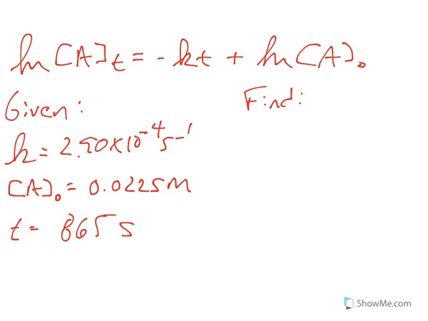We need to find the concentration of sulfuryl chloride at time T, which happens to be 865 seconds. So what we need to solve for is AT. All right. So we need to do a little bit of rearranging of this equation. All right. Actually, no, we don't. We just need to go ahead and plug in our variables and then solve for AT at the end by taking an exponential of it. All right. So let's go ahead and get to work here.